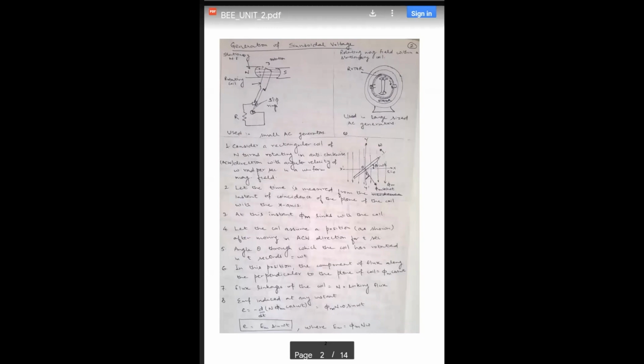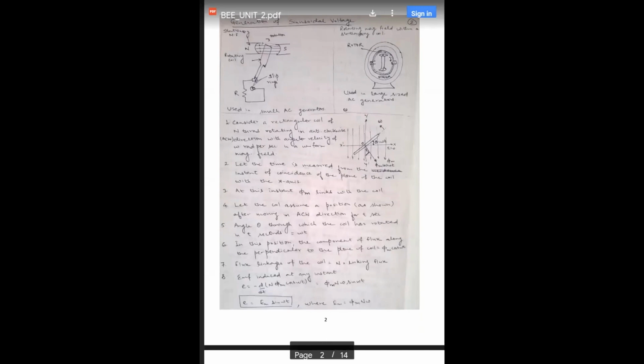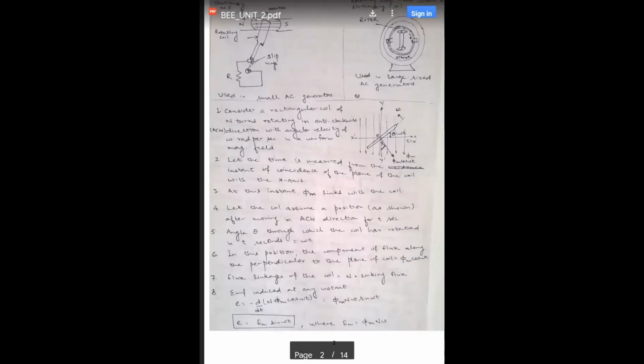Let the time be measured from the instant of coincidence of the plane of the coil with the x-axis. So the x-axis is taken as the reference axis with respect to position as well as with respect to time.